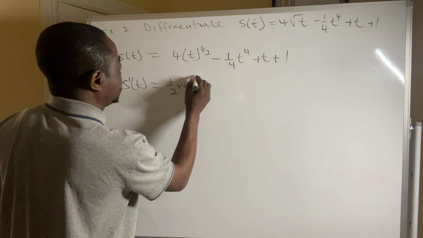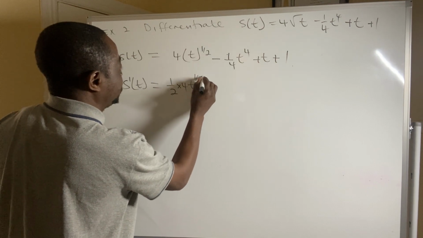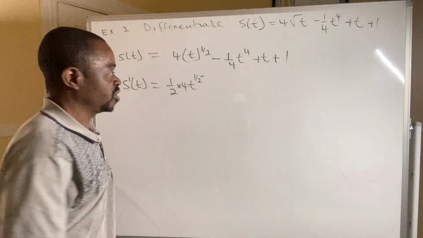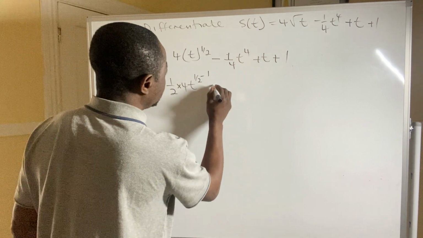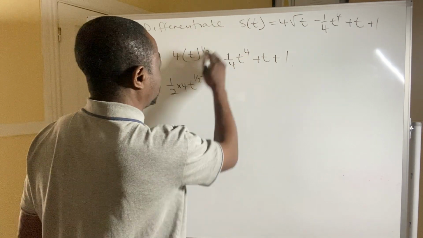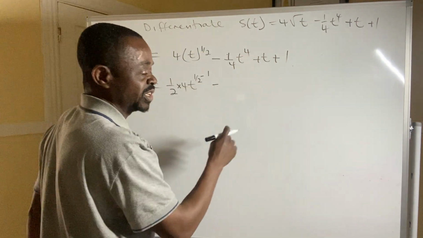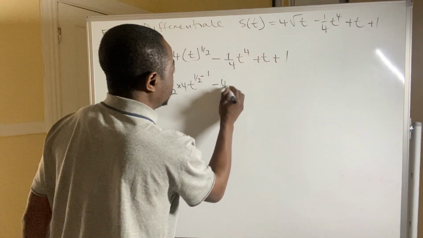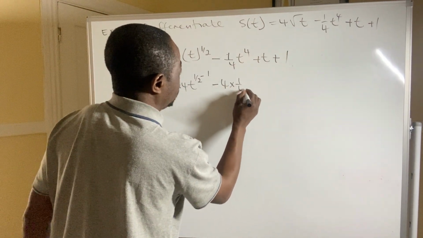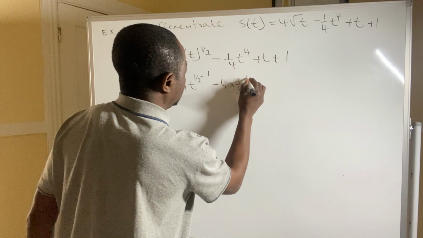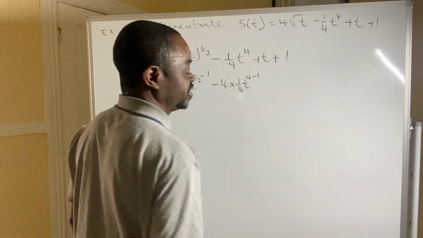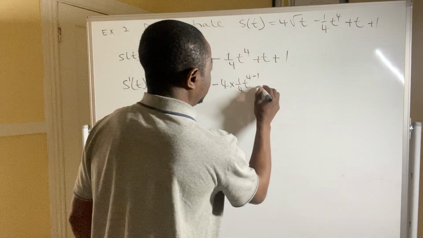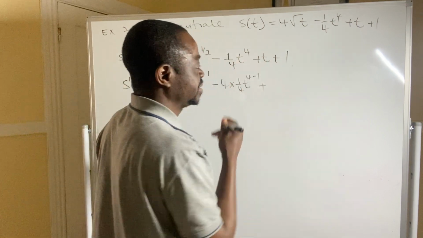Then you reduce the power by 1, so half minus 1. Minus, you bring the power here, 4, multiplied by the coefficient 1/4, t to the power 4 minus 1, reducing the power by 1. Then plus, this is t.